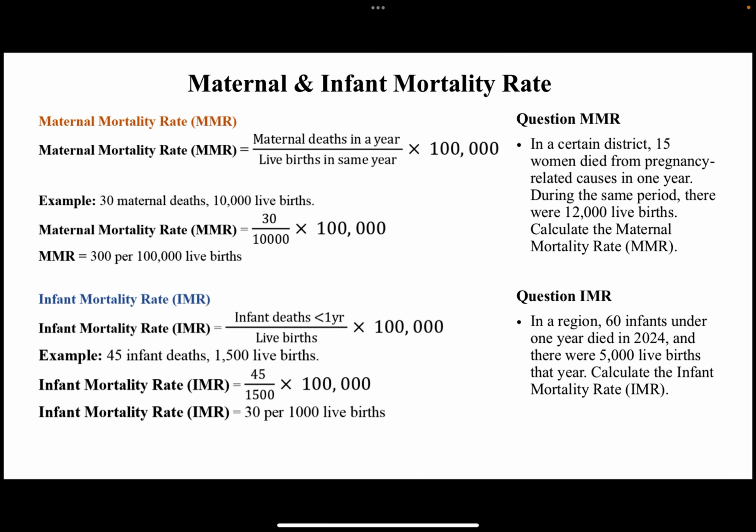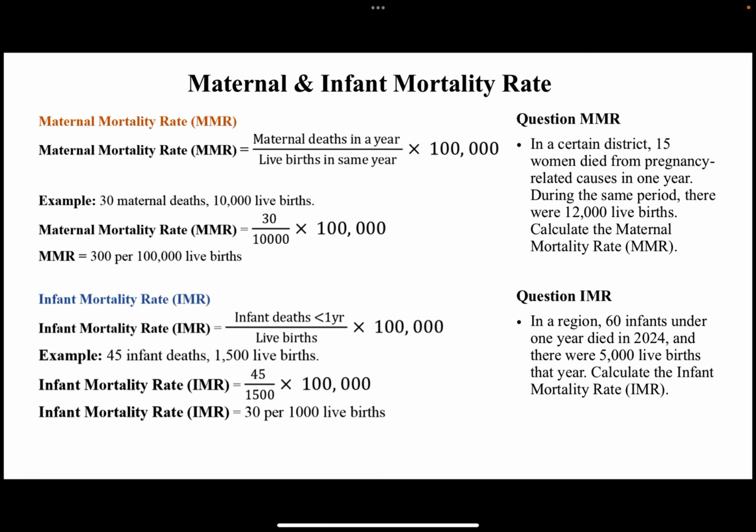Now let's look at maternal and infant mortality rates. What is maternal mortality rate? The formula is the maternal deaths in a year over the live births in that same year, then you multiply your answer by 100,000.